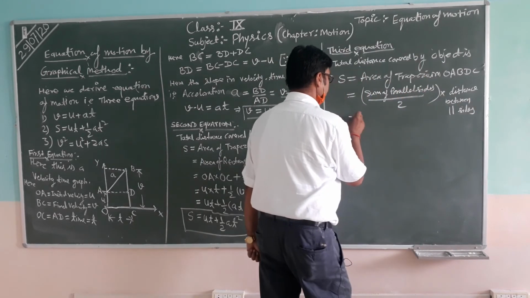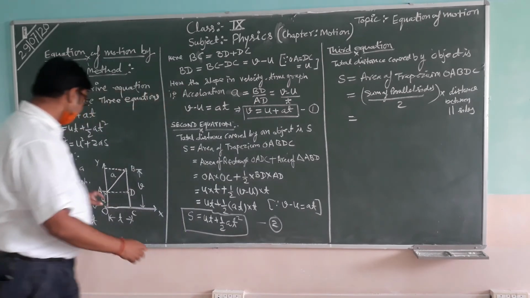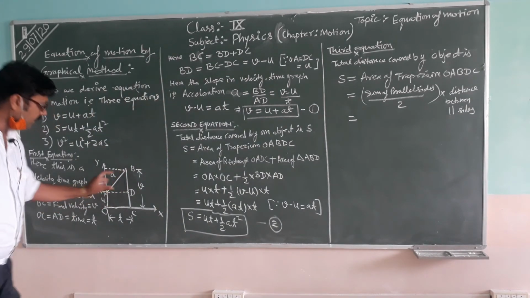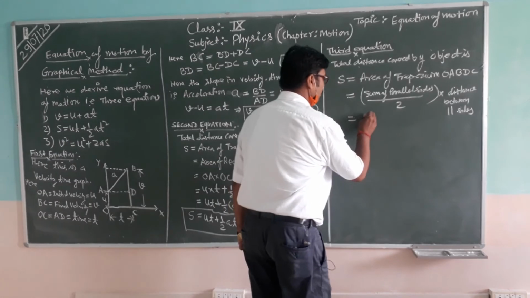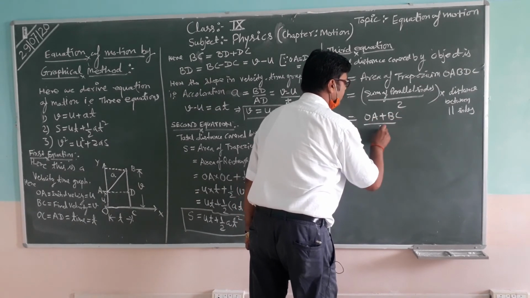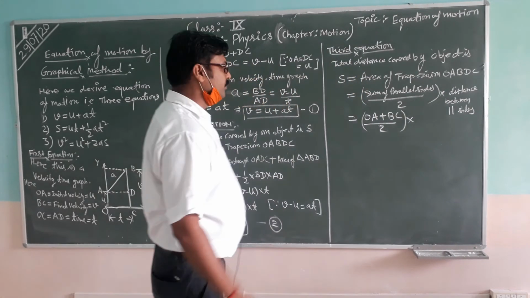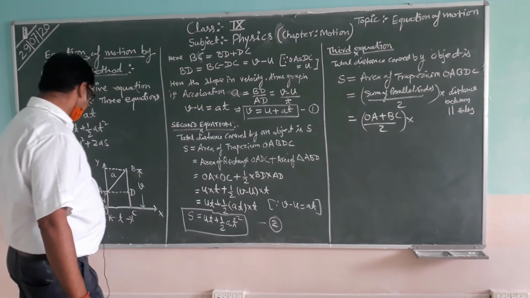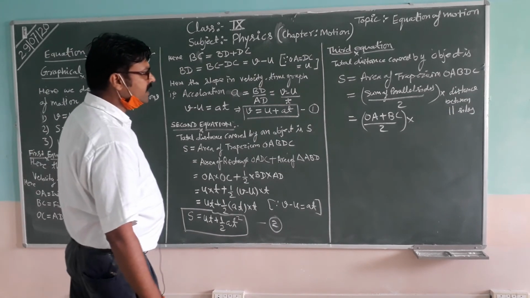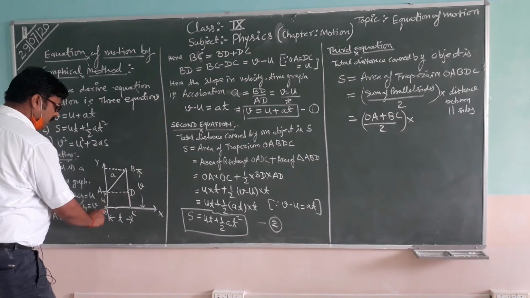Yes, my dear student, here the parallel sides are OA and BC. So OA plus BC, divided by 2 and multiplied by the distance between the parallel sides, that is OC.